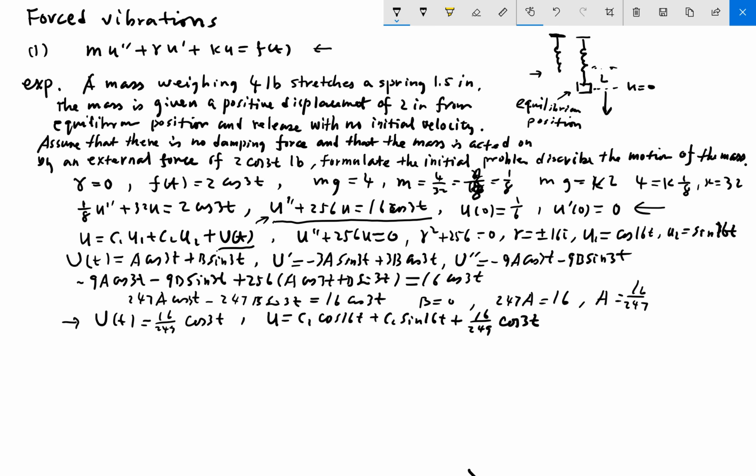Now, we can determine C1 and C2 by using our initial conditions.